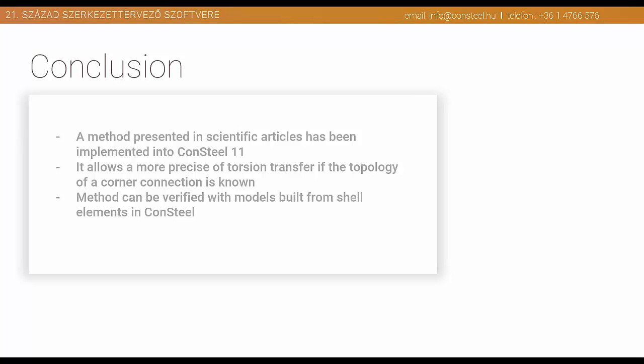But once this information is known, the user can use this new functionality to get a more specific, more precise analysis of the type of connection. If the information is not known, it's still safe to use the generic type of connection, but if the information is known, this is a way to give more realistic and more precise results.